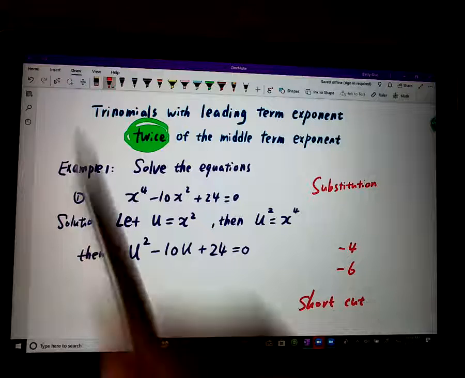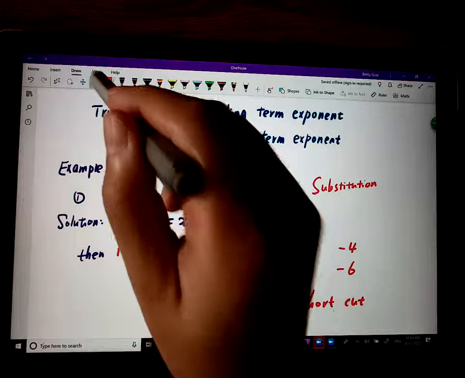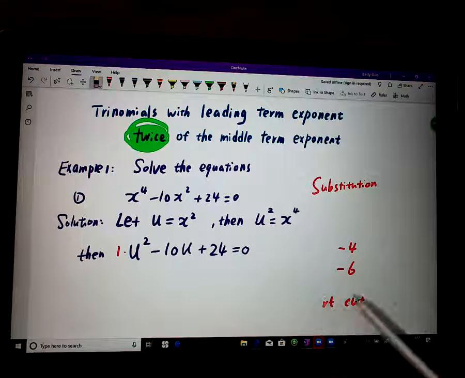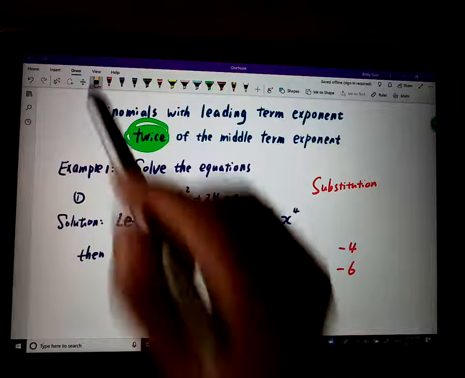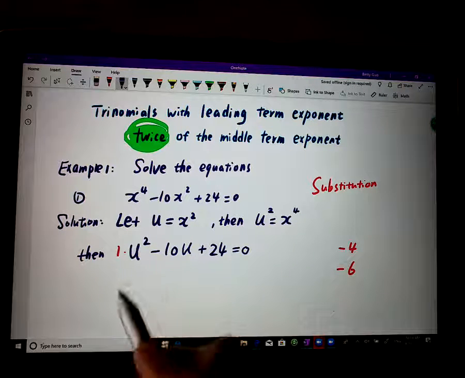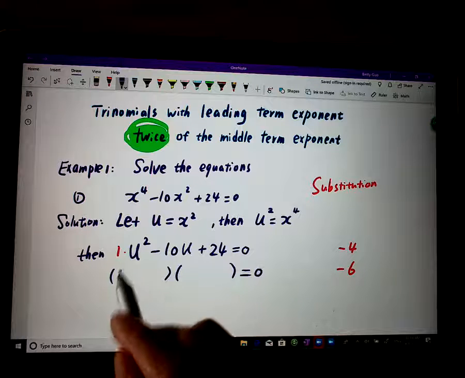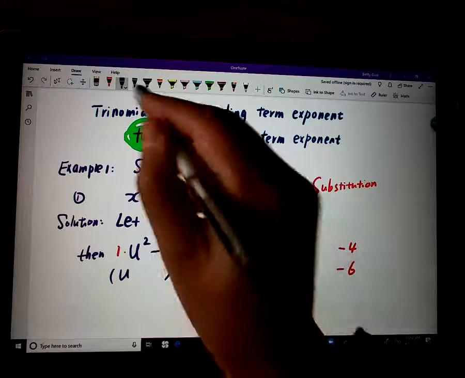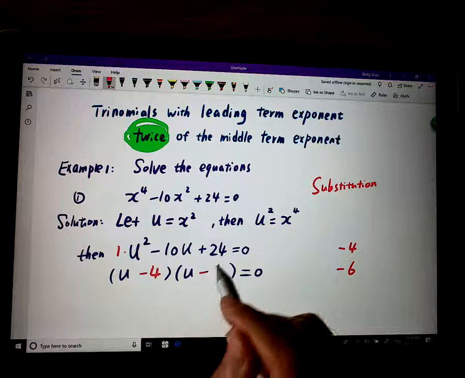We have learned this method from the very beginning of this semester. Because -4 and -6 multiply to positive 24 and add up to -10, we are able to factor the left-hand side as u minus 4 times u minus 6.